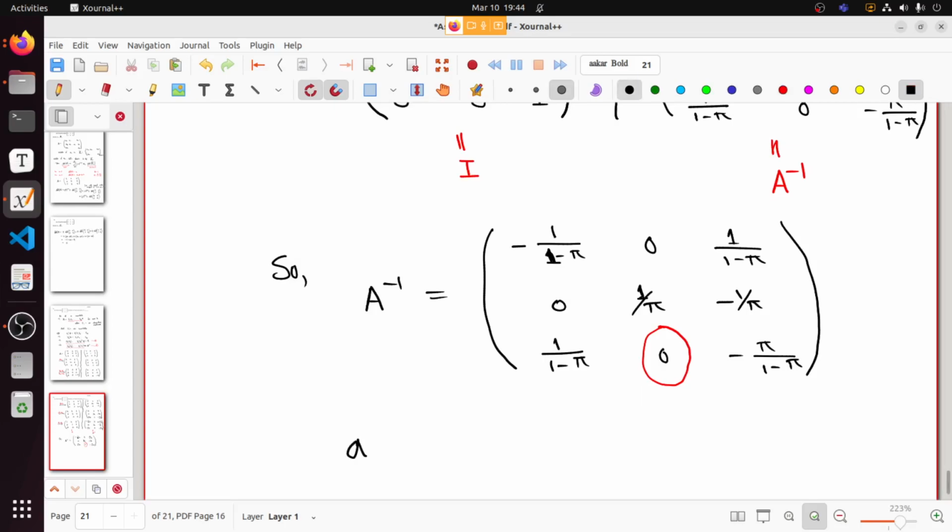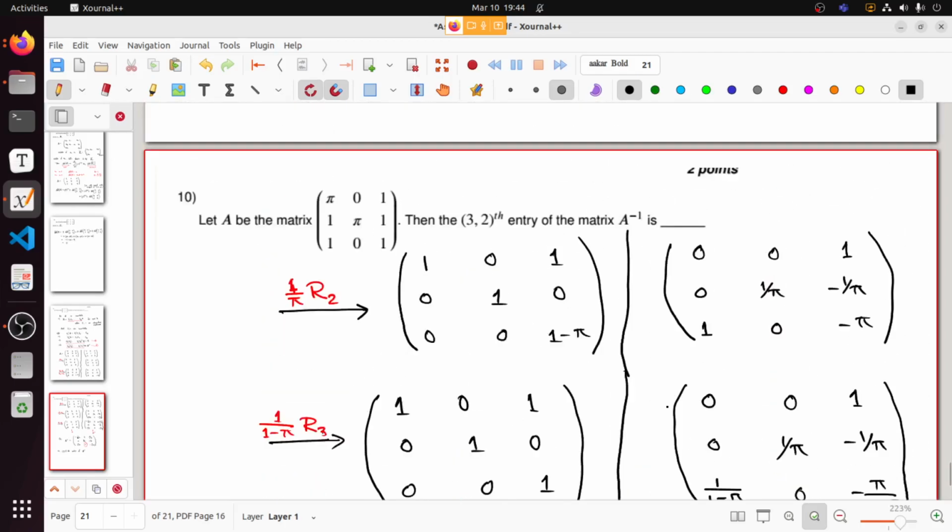So the 3-2th entry of A inverse is 0. So the answer is 0.